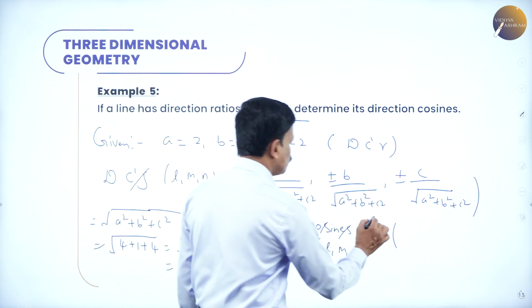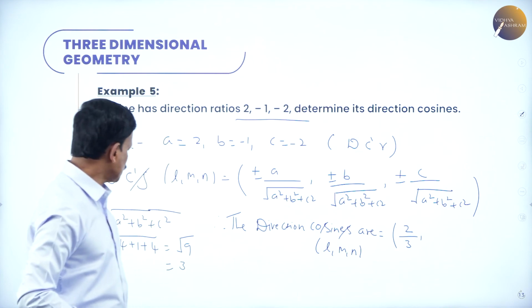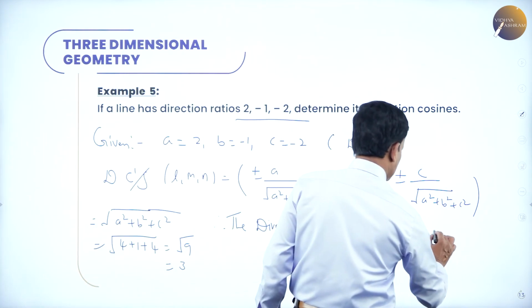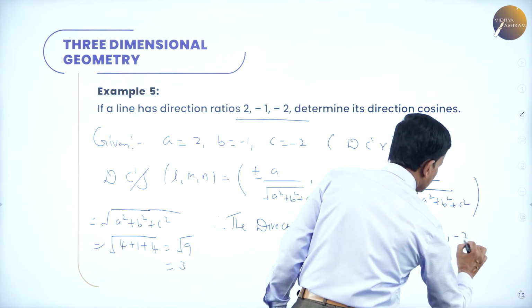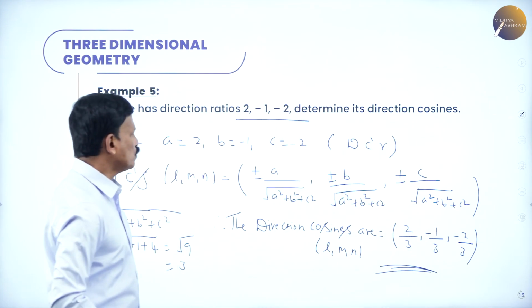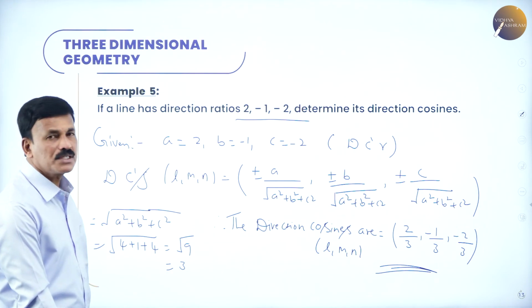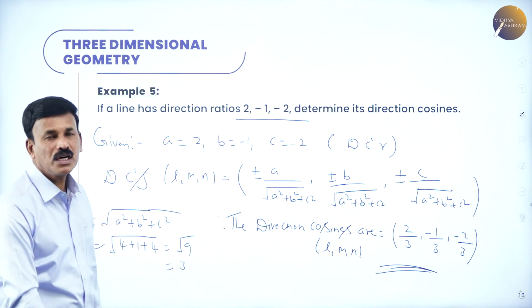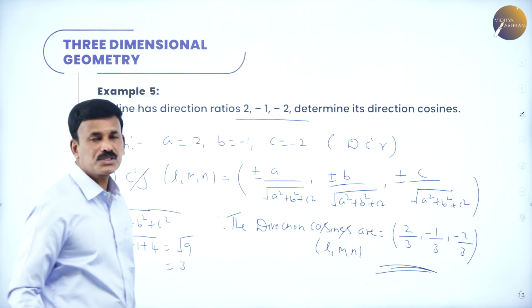A is 2, by root of A square plus B square plus C square, which is 3. So 2 by 3, B is minus 1 by 3, and minus 2 by 3. So these are the direction cosines. So 2 by 3, minus 1 by 3, minus 2 by 3 are the direction cosines of the line having the direction ratios 2, minus 1, minus 2.